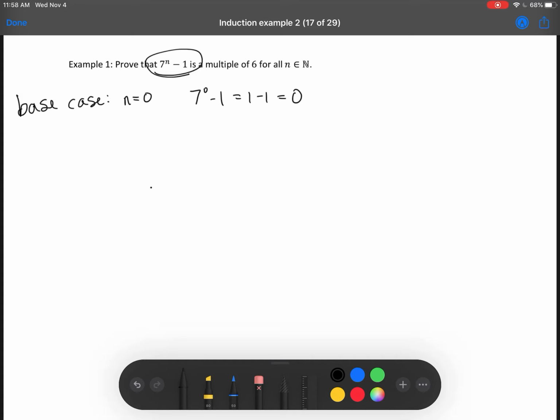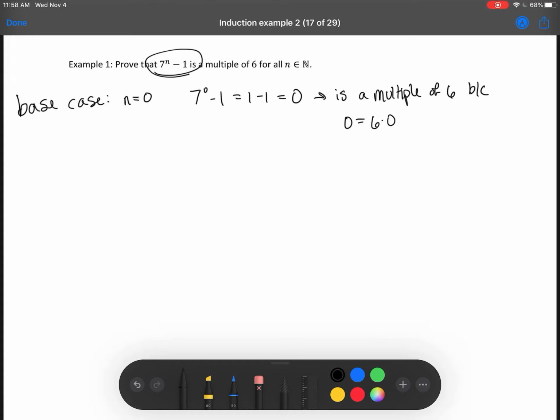Any number to the power 0 is 1, so this gives us 1 minus 1, which is 0. And it turns out that 0 is a multiple of 6, because 0 is equal to 6 times 0.